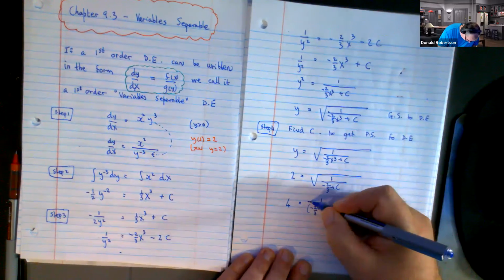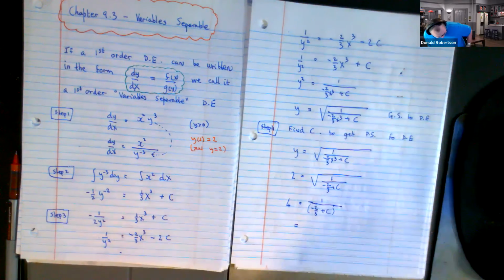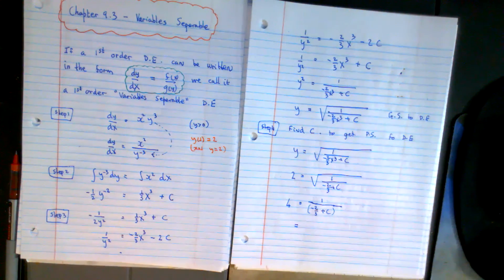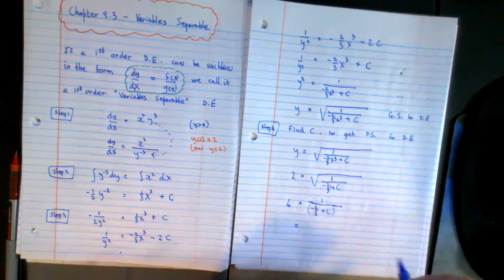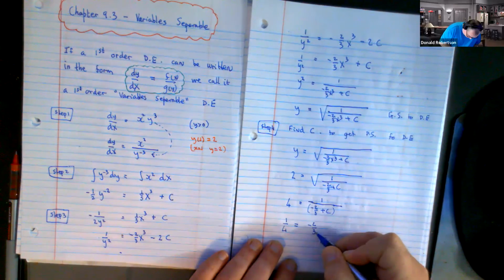There are a couple of different techniques for where to go next. I'm not saying one is better than the other. Any suggestions for what the next line might look like? Flip. So it's 1/4 equals negative 2/3 plus c. Yeah, that works for me.